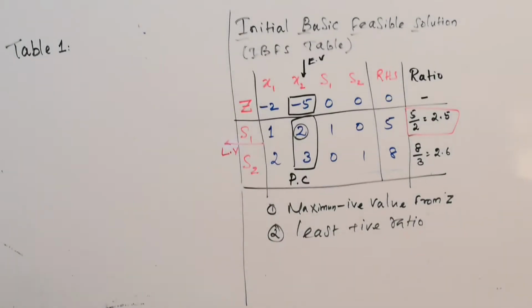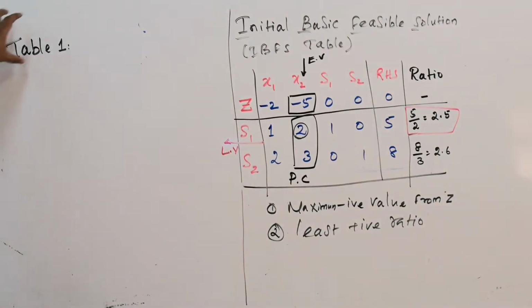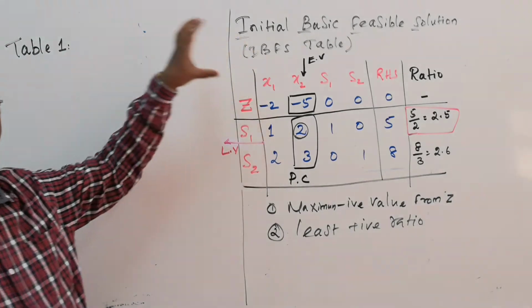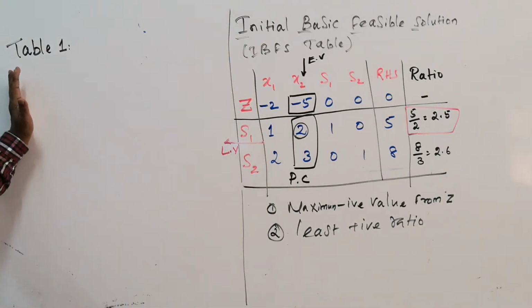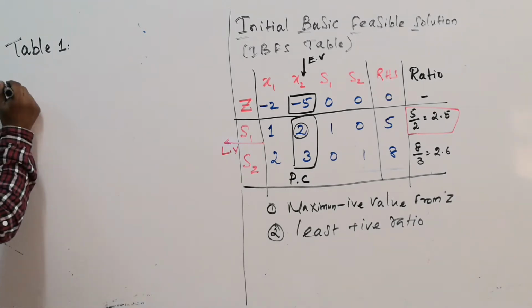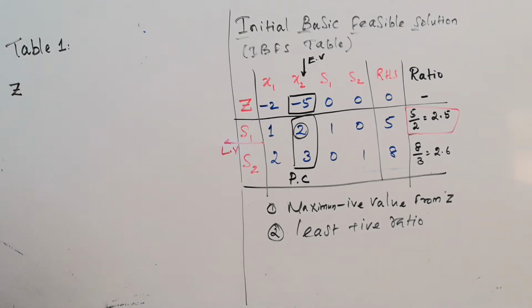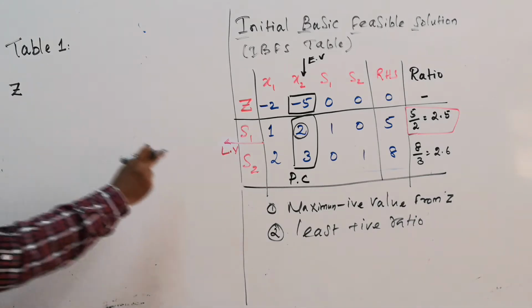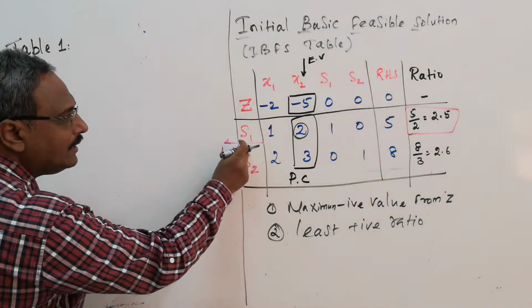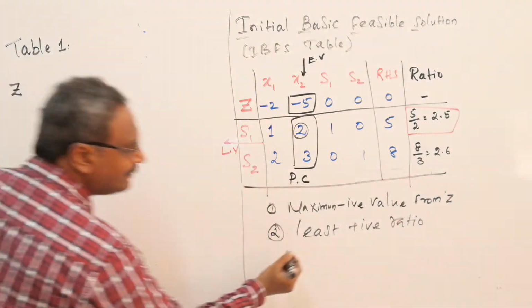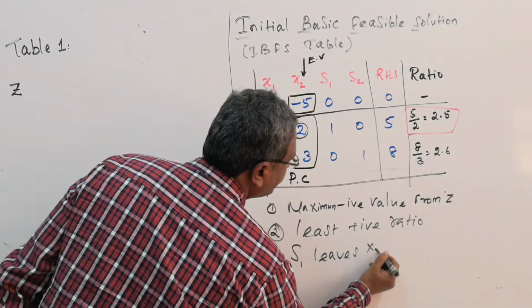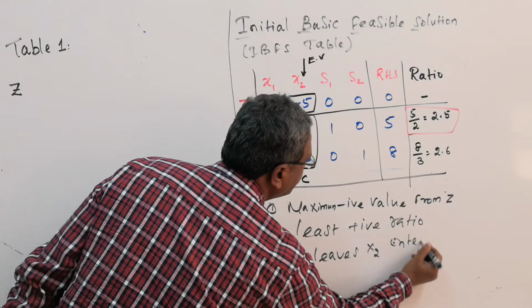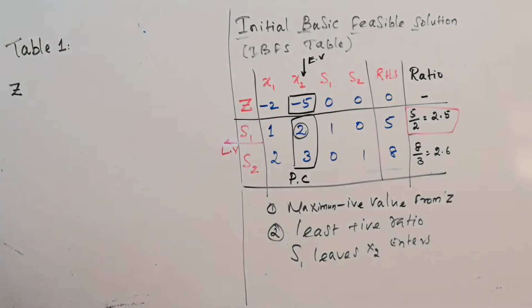Now we are moving to table 1 from the IBFS. Here in table 1, we are going to take the value of Z. What we said: S1 leaves and X2 enters.